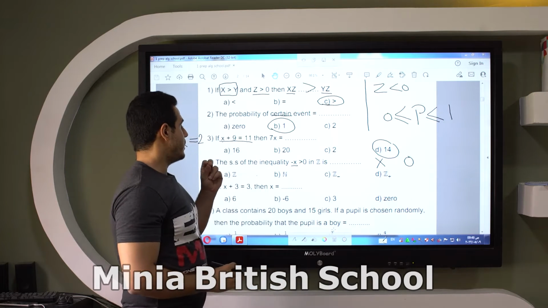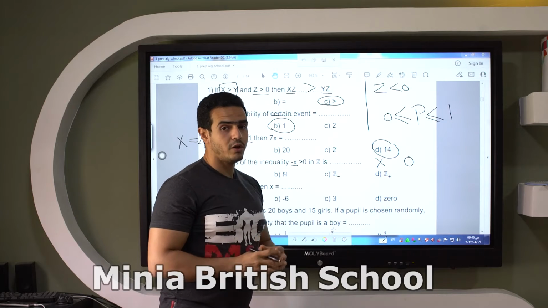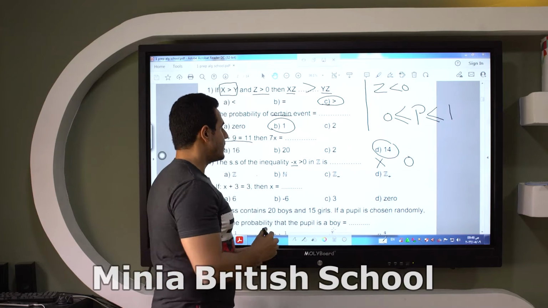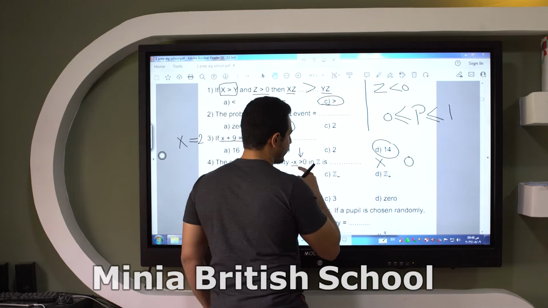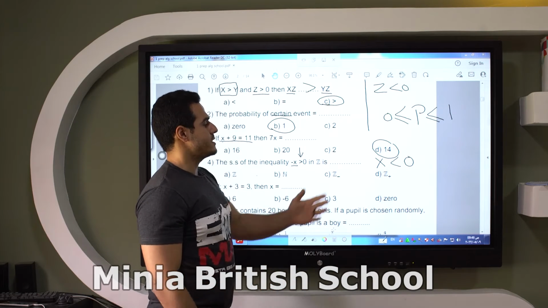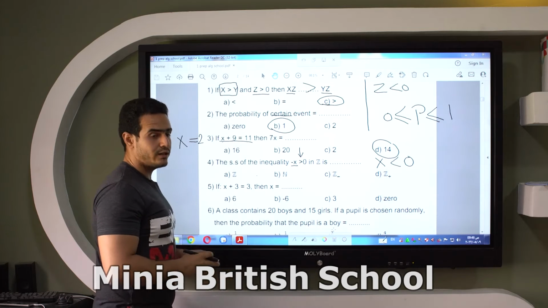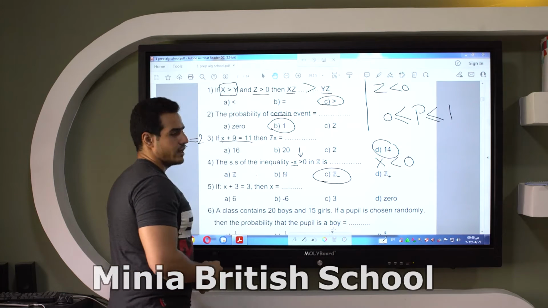But remember that when we divide or multiply by a negative number, we must change this sign. Instead of greater than, it will be smaller than. Now x smaller than 0, that means x equals negative numbers. So the solution set is Z negative.